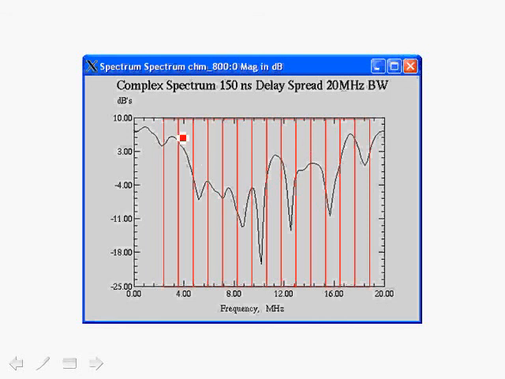And as each sub-channel would use less bandwidth and less data rate, within each sub-channel you would hopefully have a flat fading environment, so you won't have frequency selective fading. For the example we show over here, we still see that even if you use multiple carriers, within the carriers we do have frequency selective fading, so you would have to use many more sub-carriers or sub-channels.